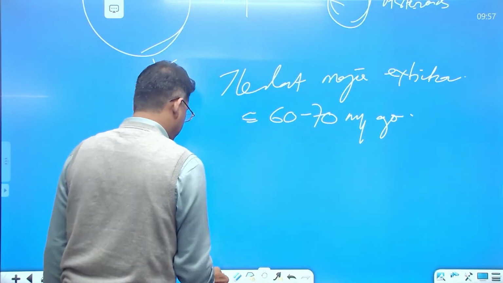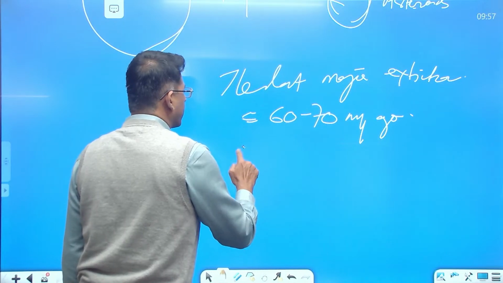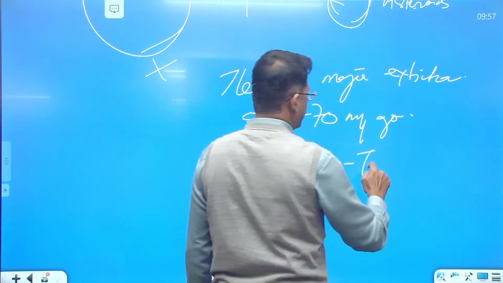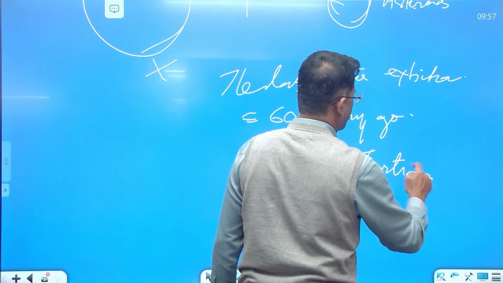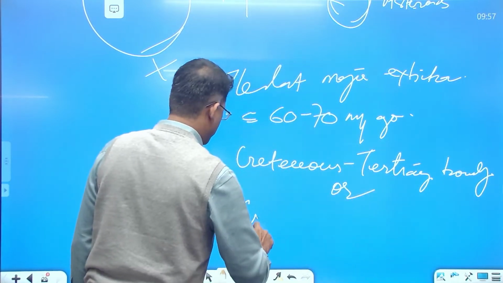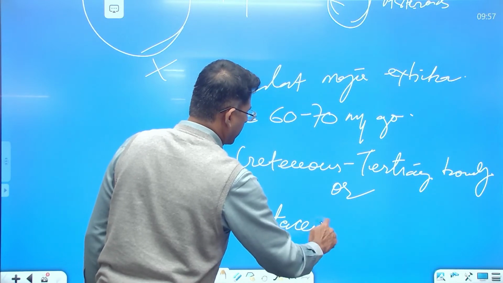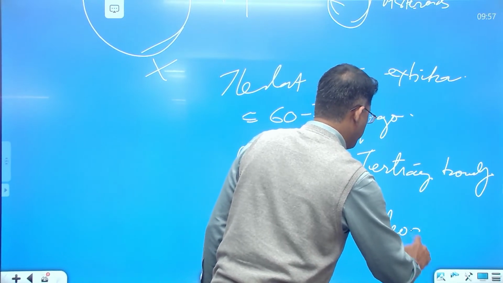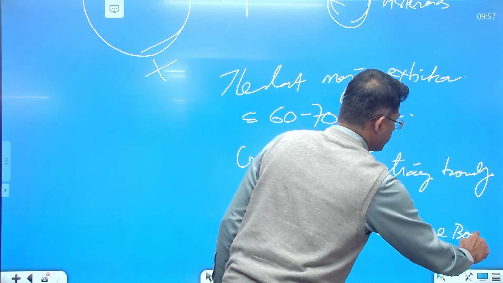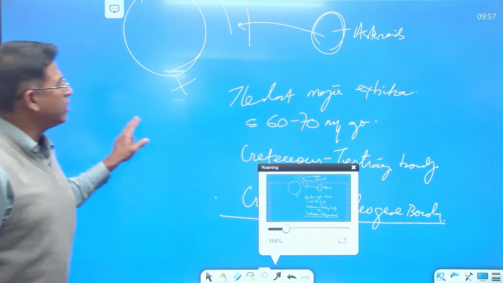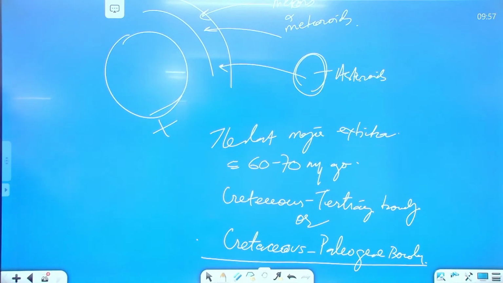It happened in the Cretaceous-Tertiary boundary, also called the Cretaceous-Paleogene boundary. I'll explain this to you. What I'm saying is that Earth is threatened by asteroids.